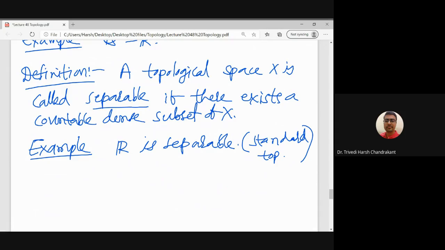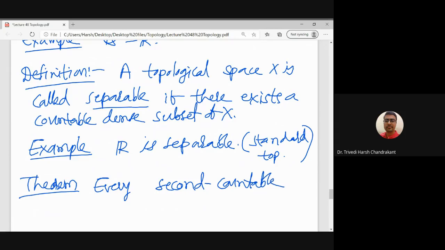So now we want to show one theorem: every second countable topological space X is always separable.